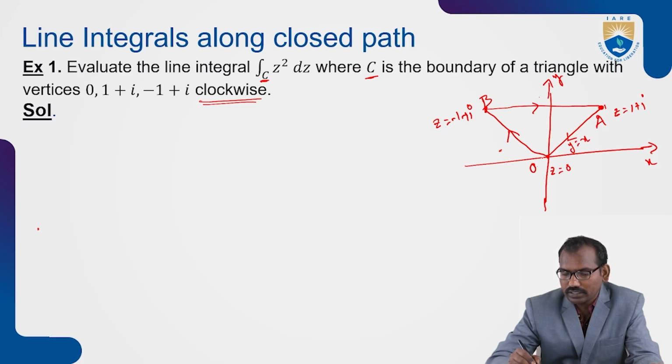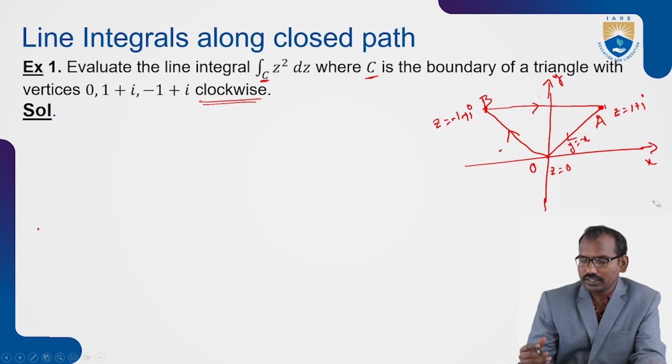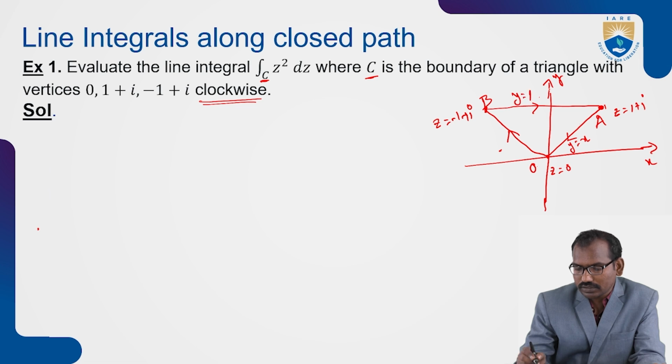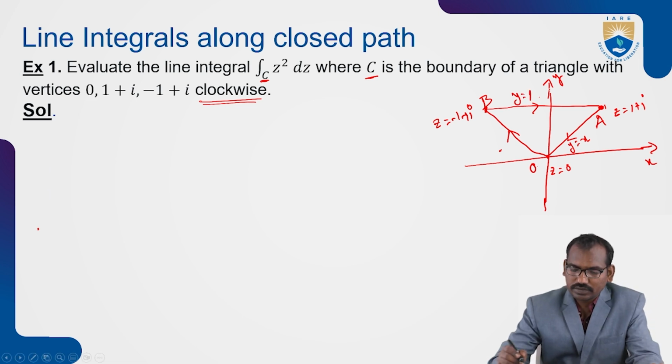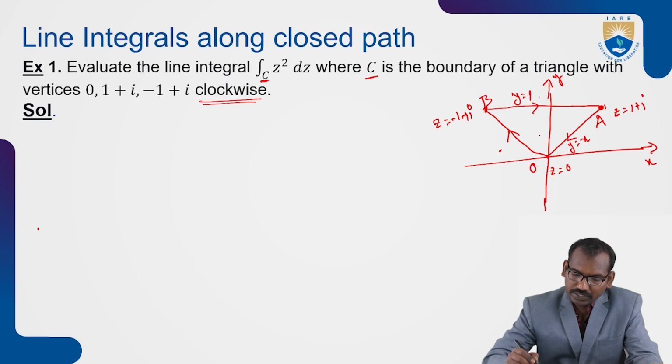We can get this by taking the line equation from (0,0) to (1,1). Similarly, the path AB is y equals 1. And the path OB, mathematically, you can write as y equals minus x.